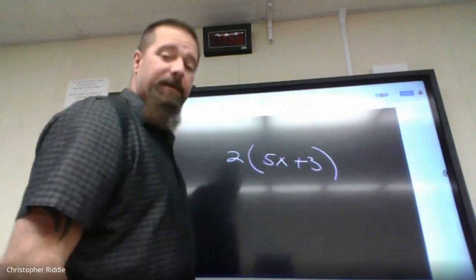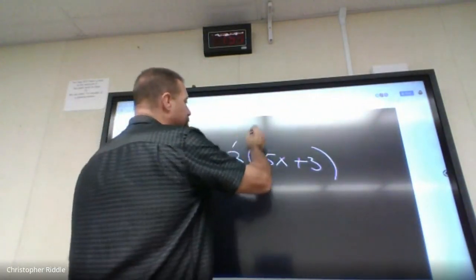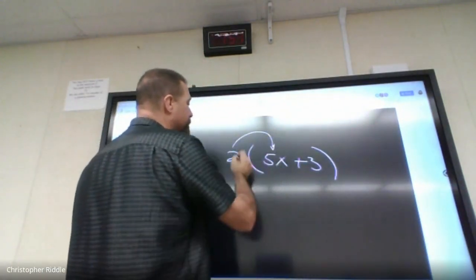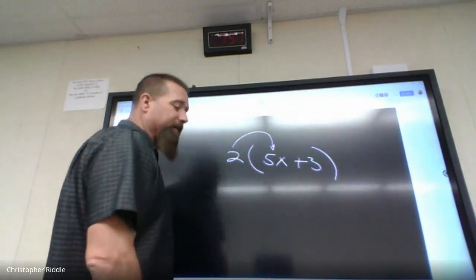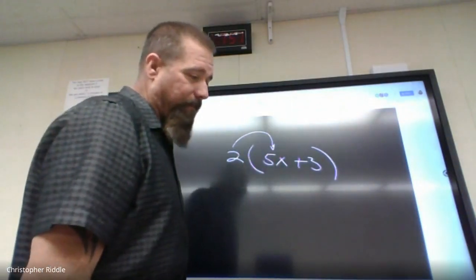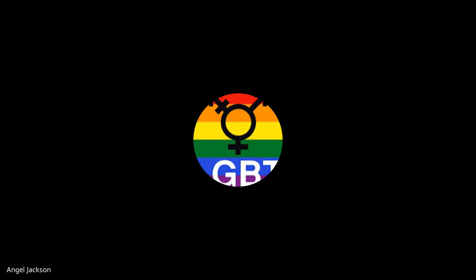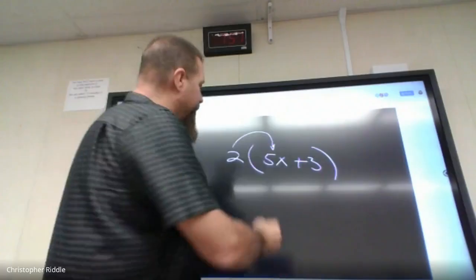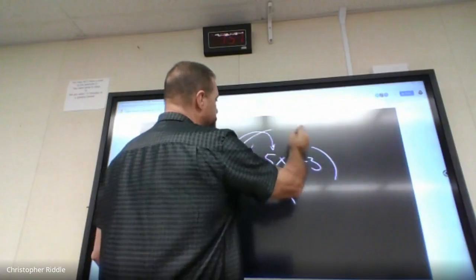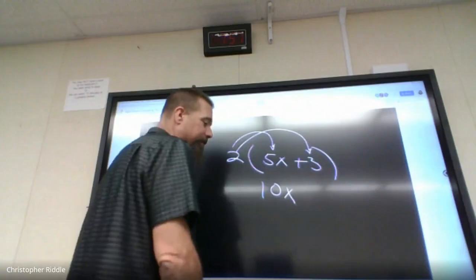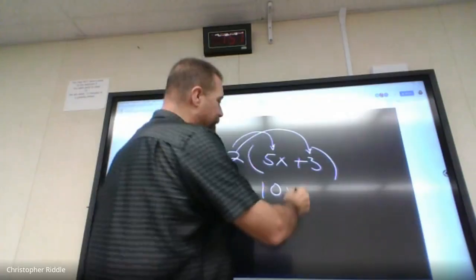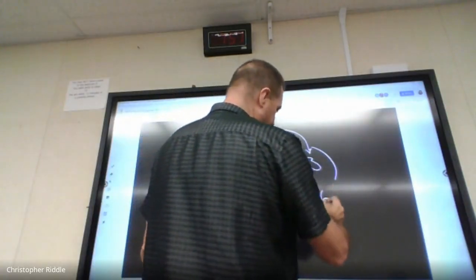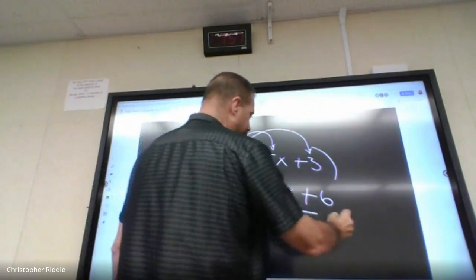Remember, we take whatever's outside of our parentheses and multiply it times what's inside the parentheses. So what's 2 times 5? 5 times 2 is 10. So we have 10x. And then what is 2 times 3? 6. So plus 6. Both signs are the same, so it's a positive.